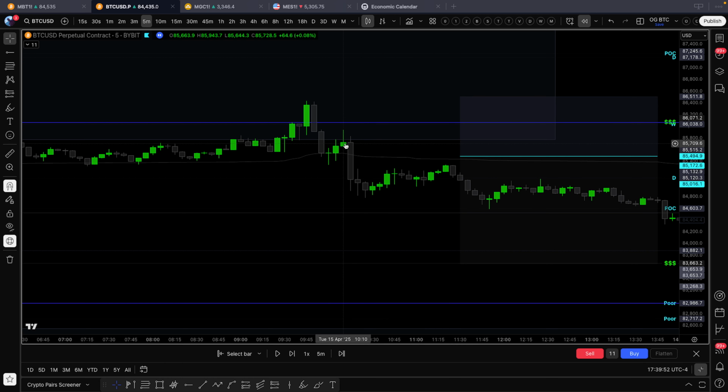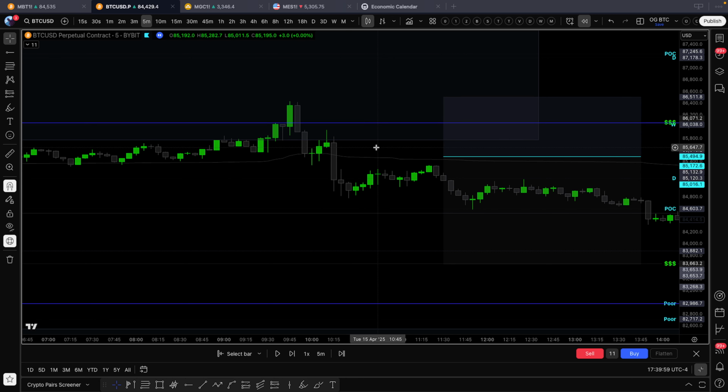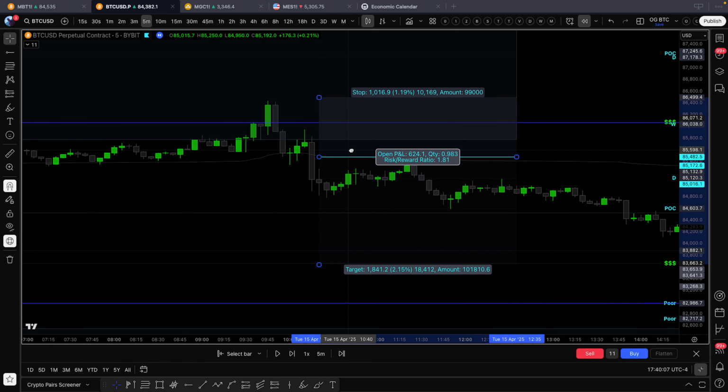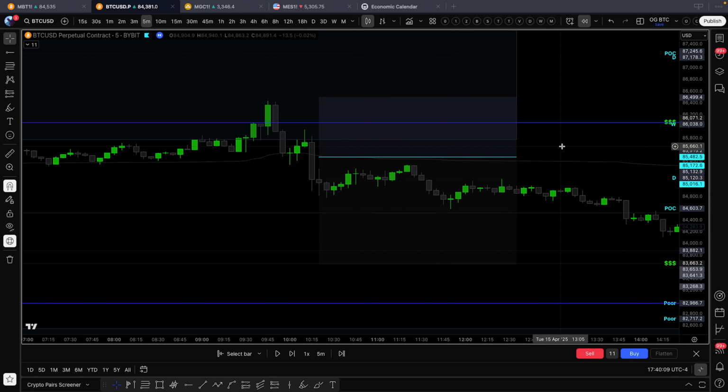So at this point, during this candle's creation right here, I knew I wanted to find an entry. And I wanted to see us go below VWAP. So at the time, I was like, okay, if we go below VWAP, I'm going to take an entry.